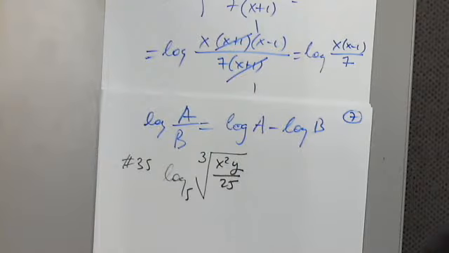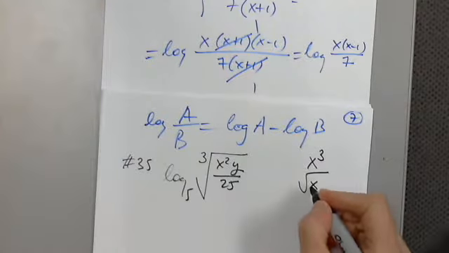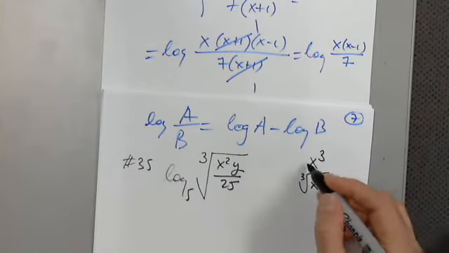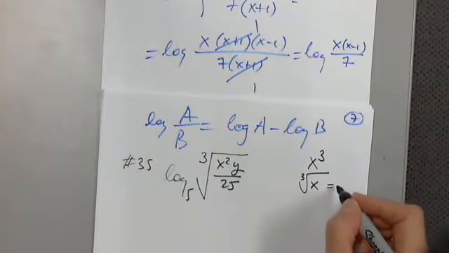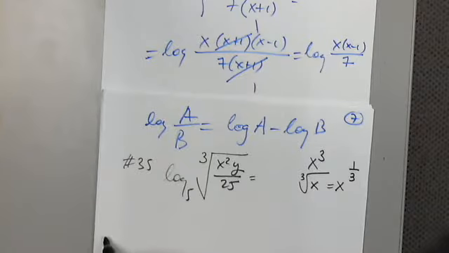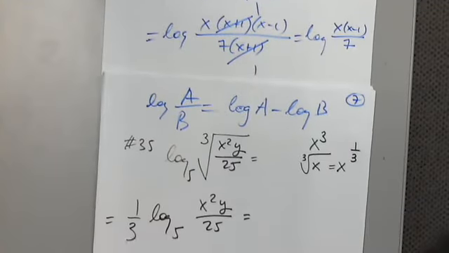1 over 3, right? So please remember, x cubed and the cube root of x cannot be the same. So this is a quantity raised to the 3rd power. This is a quantity raised to power 1/3. Good. Awesome. So then 1/3 goes in front, and this is log base 5 of x squared y over 25.